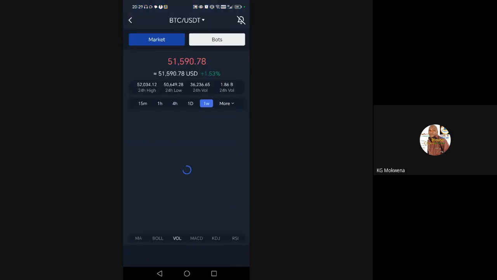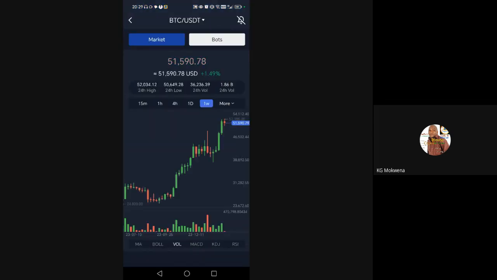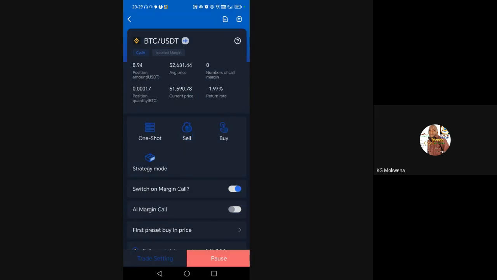No, you go one step back. In the blue area, not the black, in the blue background, there's an icon there on the top right corner. Yes, transaction record.